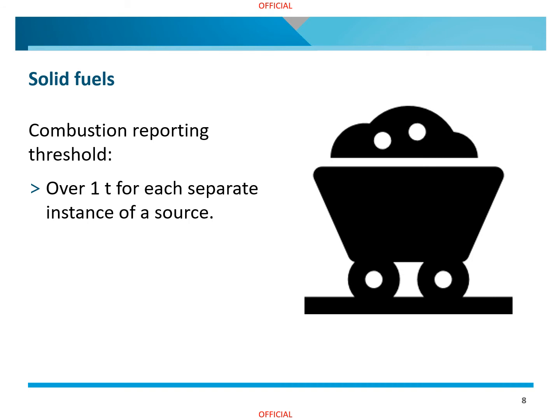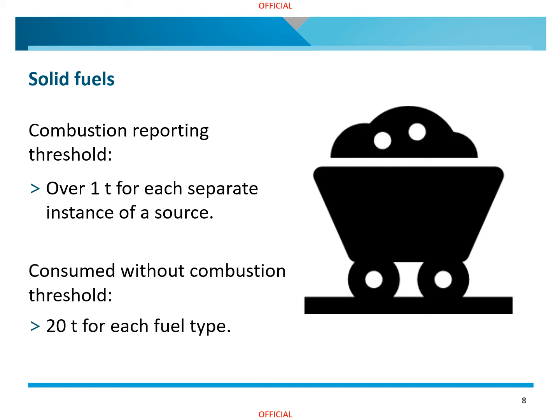In addition, the facility combusted 500 kilograms of coal briquettes in its backup industrial water heating system. As this is below the 1 ton threshold, it is up to the reporter whether they wish to include this separate instance of a source in their report. The second threshold applies to consuming solid fuels without combustion. You are required to report each individual fuel type where the amount of fuel consumed without combustion is 20 tons or more.